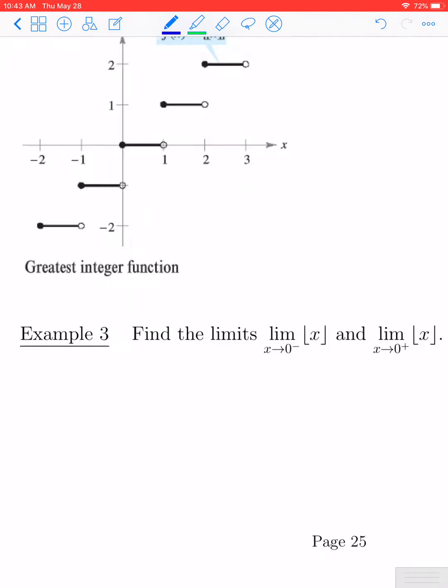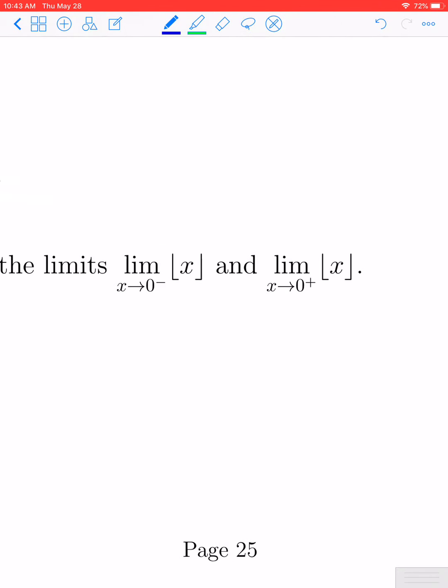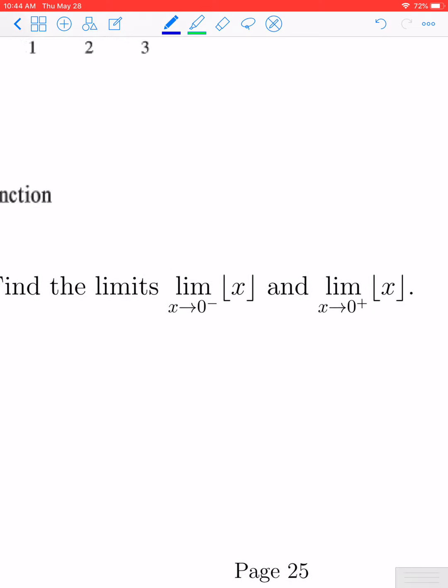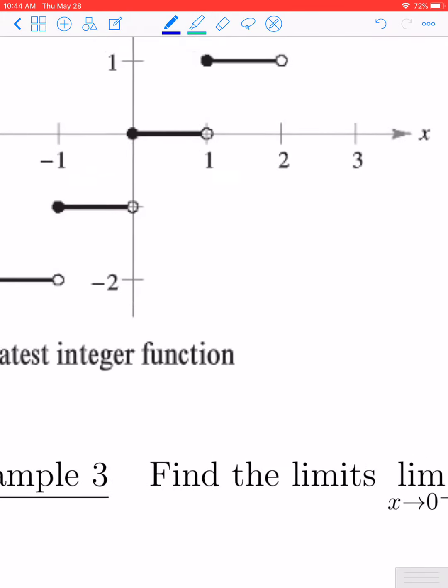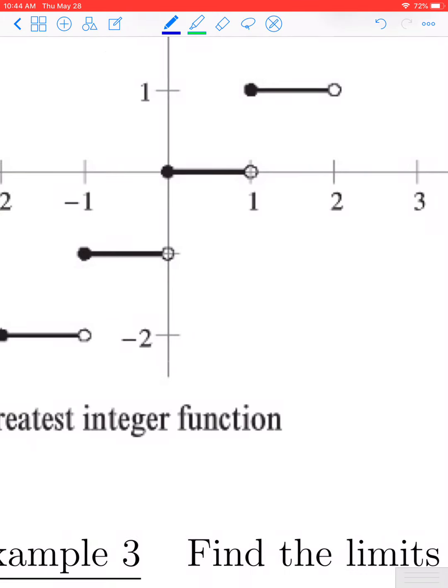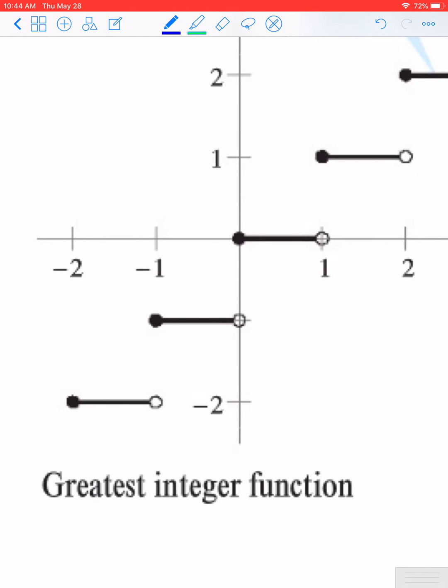In example 3, we're asked to find the limit as x approaches 0 from the left of the greatest integer function, and also the limit as x approaches 0 from the right of the greatest integer function. This is something that we could do with a table of values should we want to, but because we have the graph already available to us, let's go ahead and investigate it.